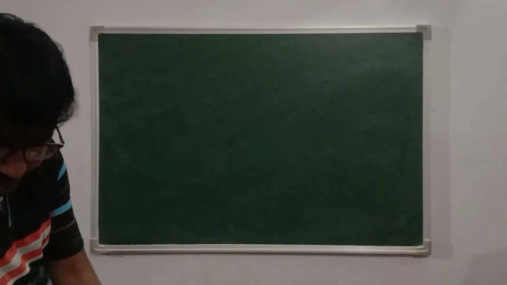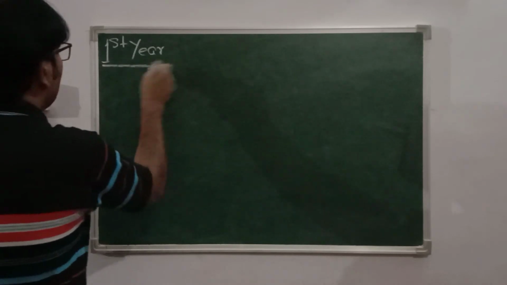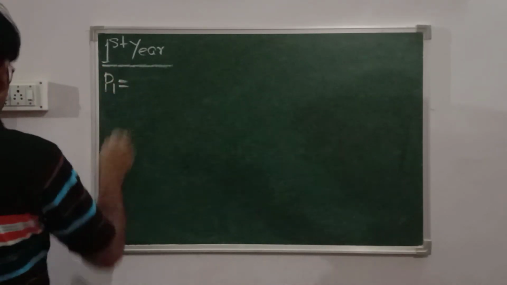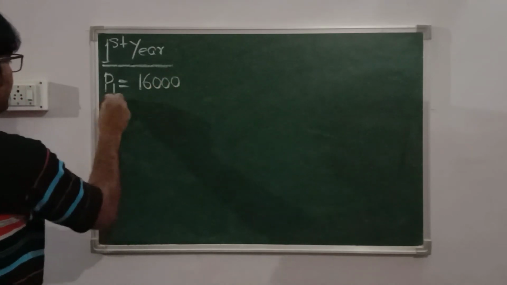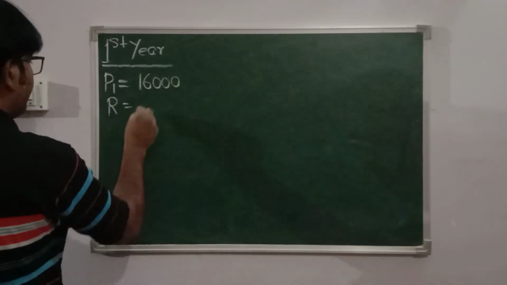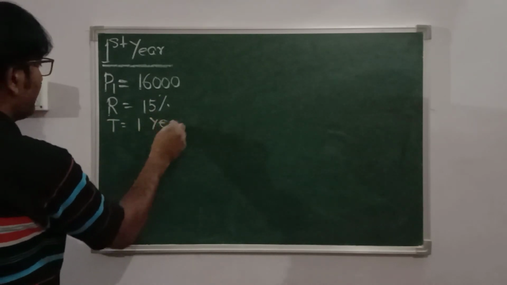So the data is, first year. We have P1 given as 16,000. Rate given as 15% and T is 1 year.